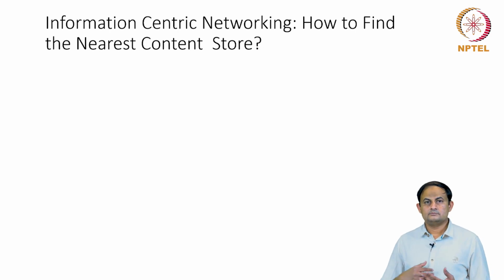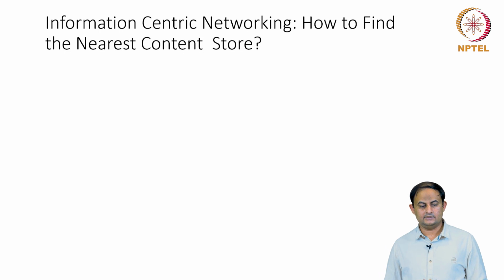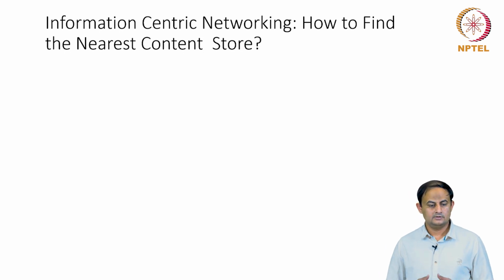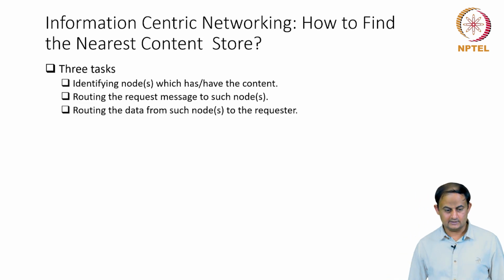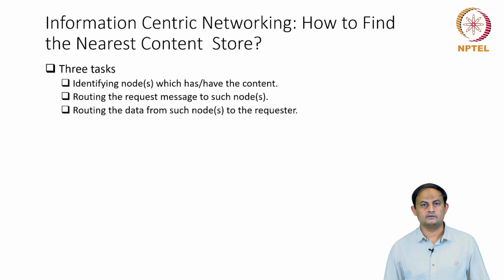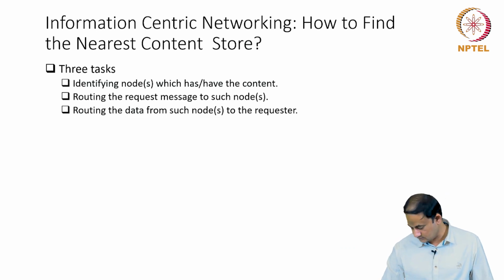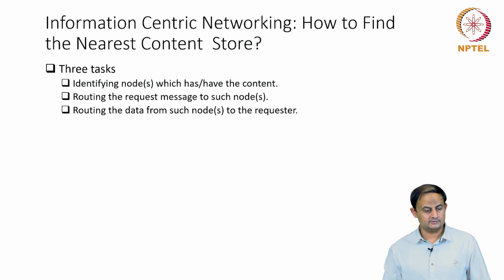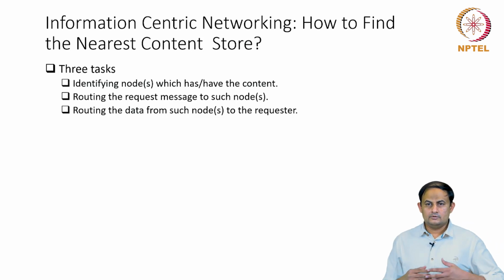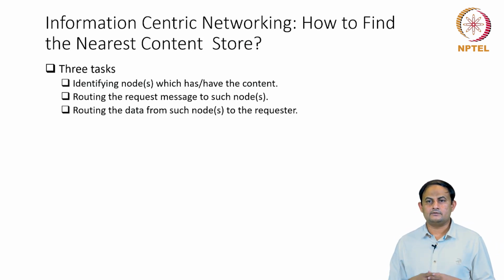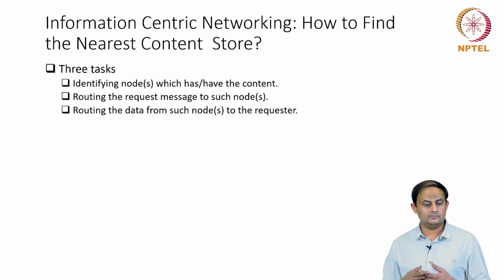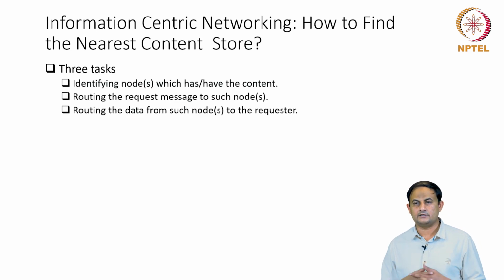So, the caching ability of the routers is actually helpful. It will help you minimize the latency in the transmission, or from the end consumer's perspective, the excess latency is actually reduced. Now, that translates into a problem, which is finding the nearest content store.